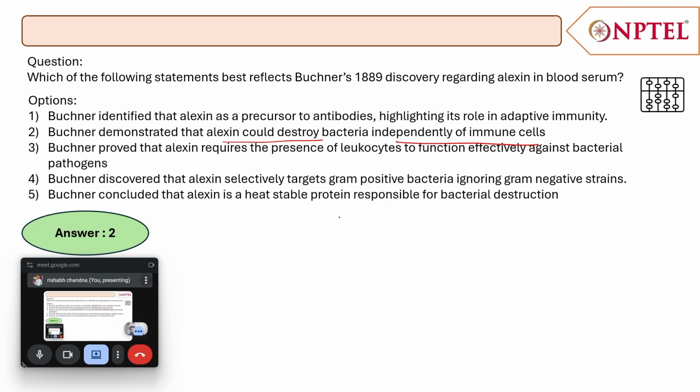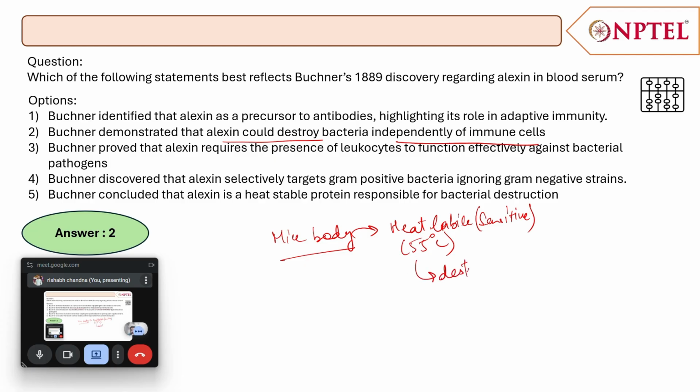So what he did was he isolated a substance from the mice body, a substance that was heat labile. That means it was heat sensitive at 55 degrees Celsius, and this could destroy the bacteria independently of the immune cells.